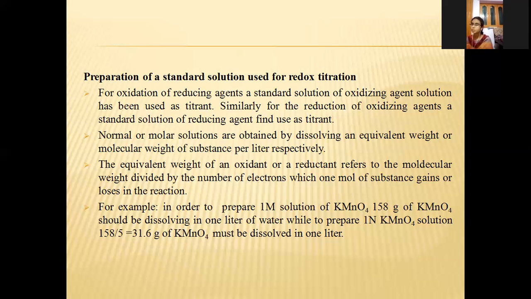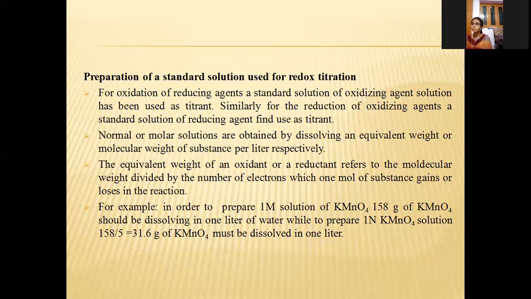While if we want to prepare a 1 normal solution, 158 divided by 5 gives 31.6 grams, which should be dissolved in 1 liter of solution.